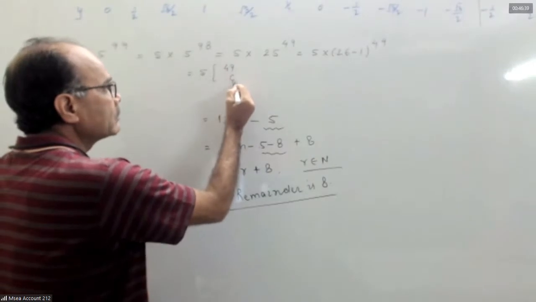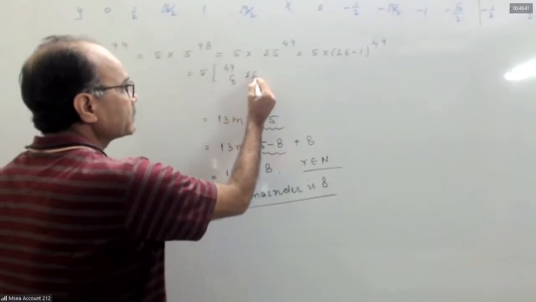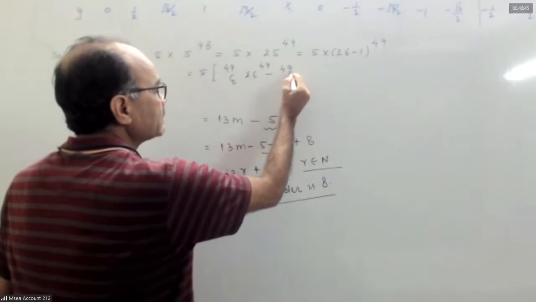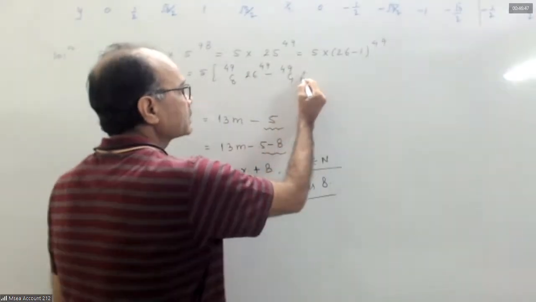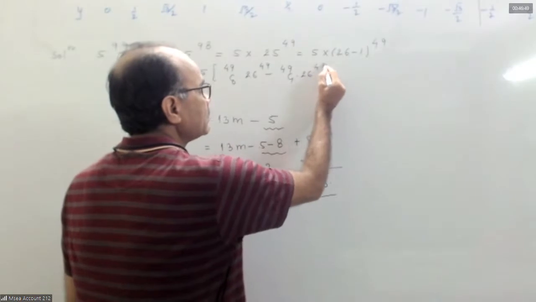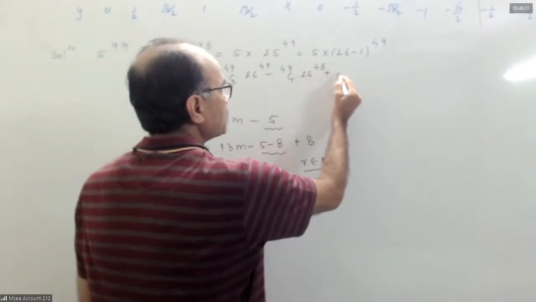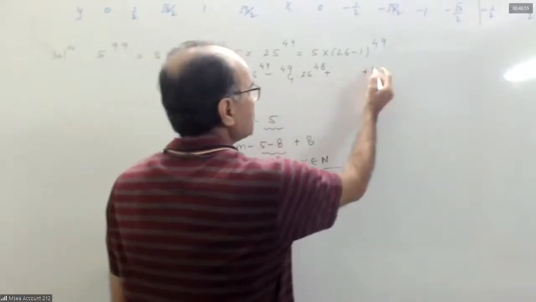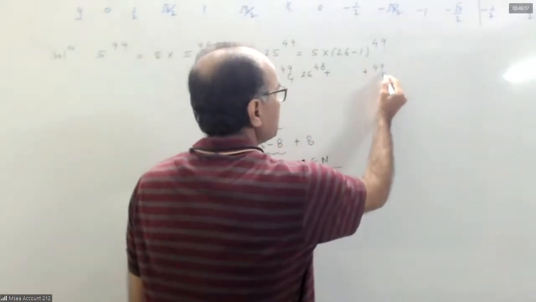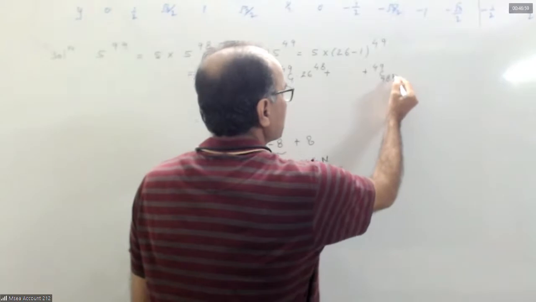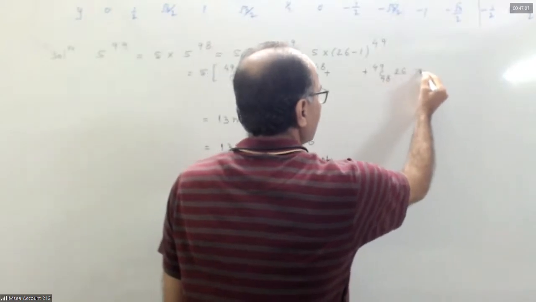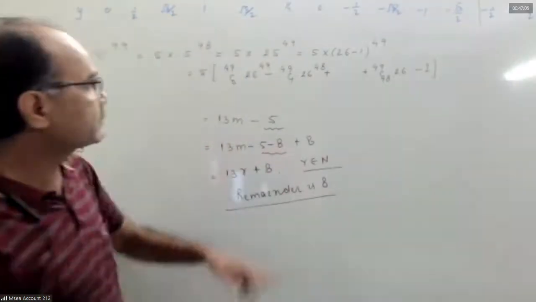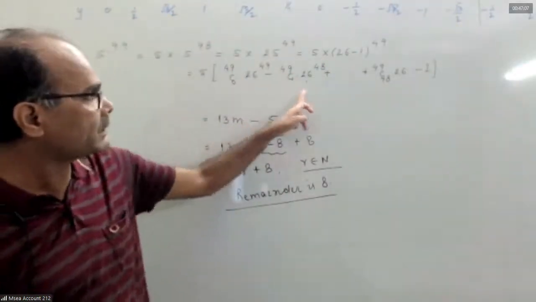49C0 26 to the power 49, here minus one. 49C1 26 to the power 48 plus so on. And in the even case it will be plus, so 49C48 26 minus 1. If you expand it binomially you will get it.